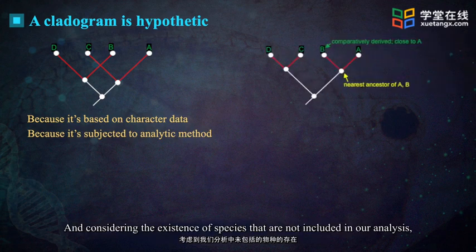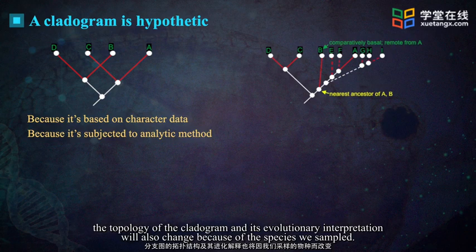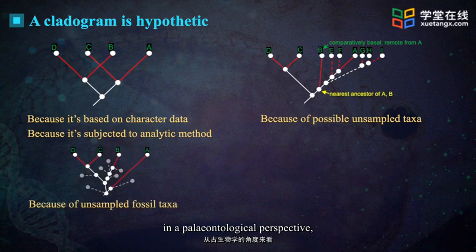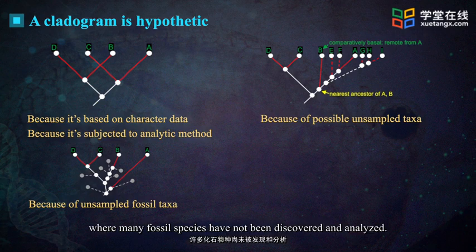And considering the existence of species that are not included in our analysis, the topology of the cladogram and its evolutionary interpretation will also change because of the species we sampled. Such changes are even more pronounced in the paleontological perspective, when many fossil species have not been discovered and analyzed.